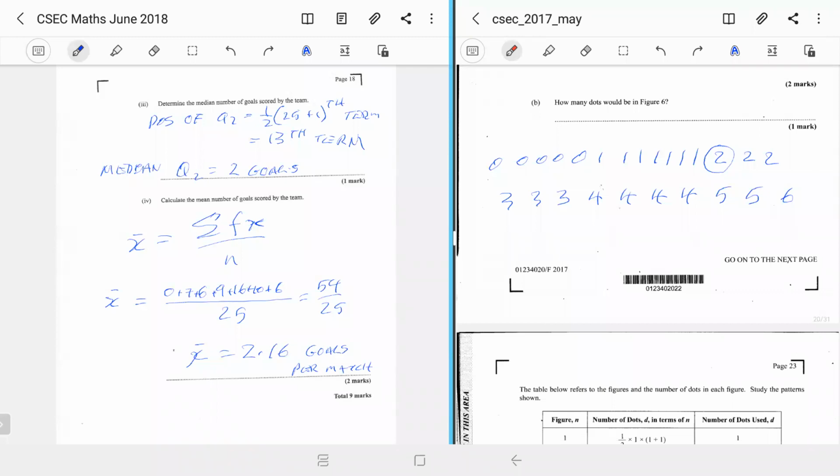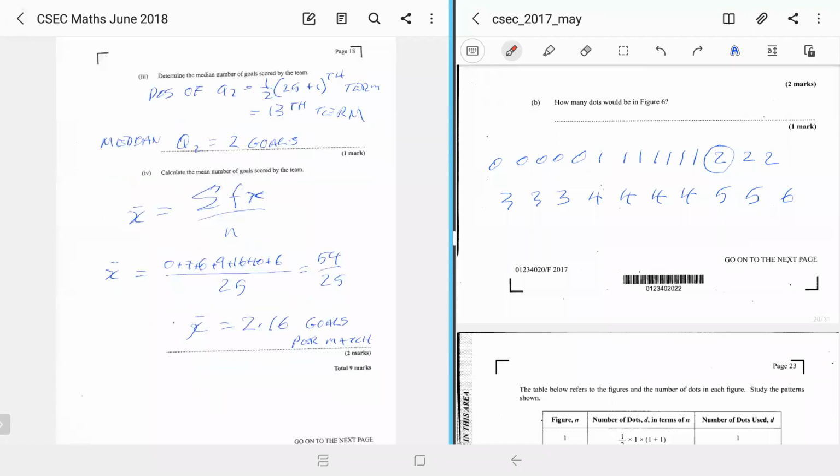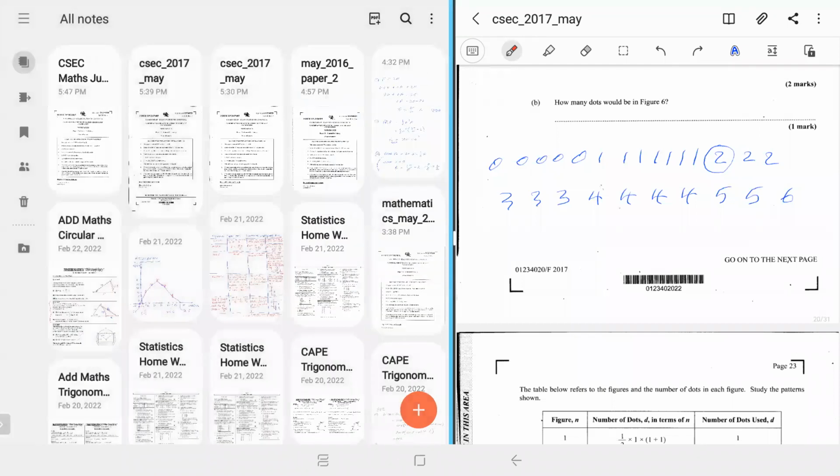You must always remember the special questions, so if you get one like it again, you know what to do. 2019 was a special question because I don't recall them setting one like that before on a January paper.